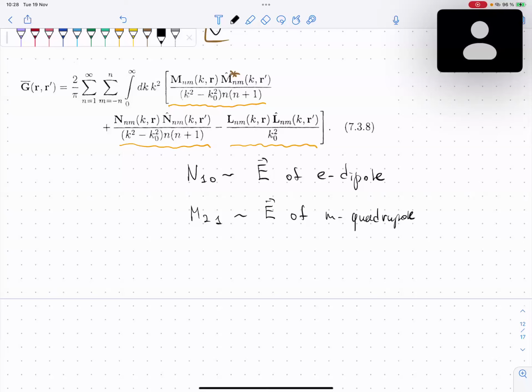It's the quote unquote electrodynamical physical meaning of these vector spherical harmonics.